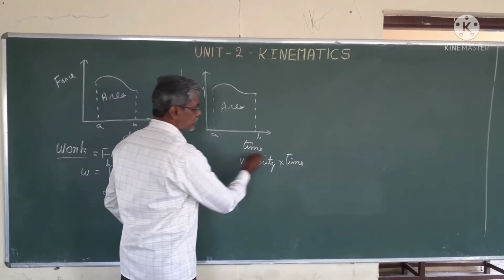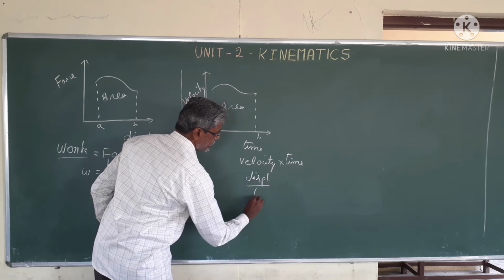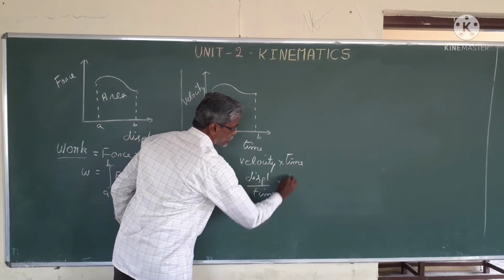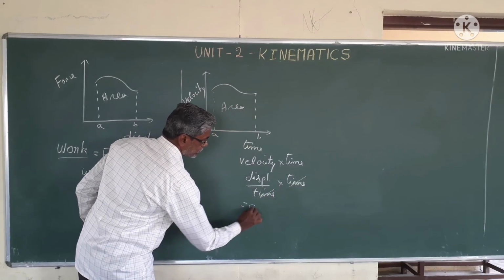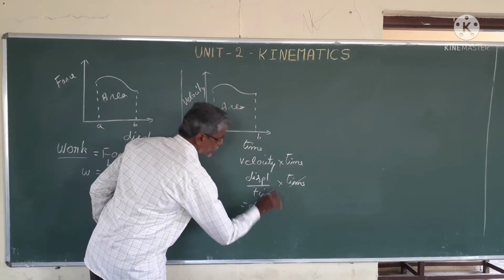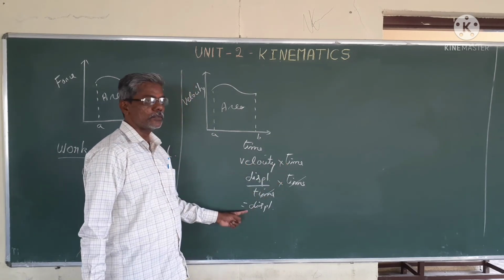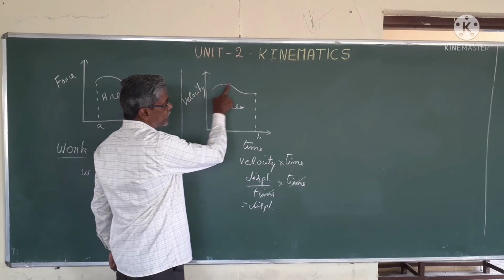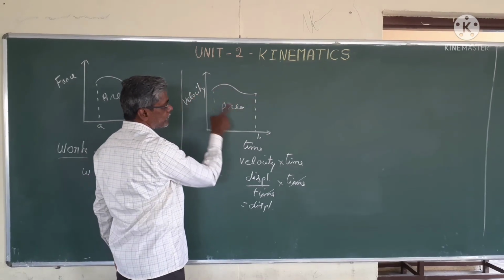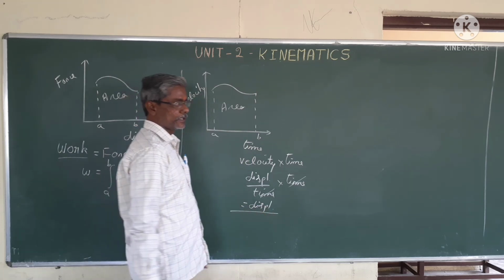So how I can write this velocity? Displacement by time into time. So this time and time cancel. So that is displacement. So velocity into time is nothing but what? Displacement. Clear? So I can tell the area under velocity time graph is displacement.